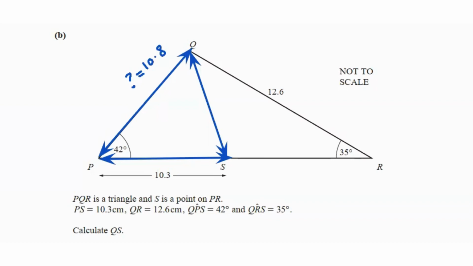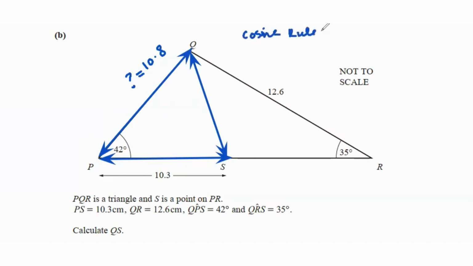In order to apply the cosine rule, they will either ask us to find a missing length or an angle. If it's a missing length, we need two lengths and the angle between them. If it's a missing angle, we need all three lengths. Since we're trying to find a missing length and we have two lengths, QP and PS, and the angle between them, which is 42, angle P, we can use the cosine rule.